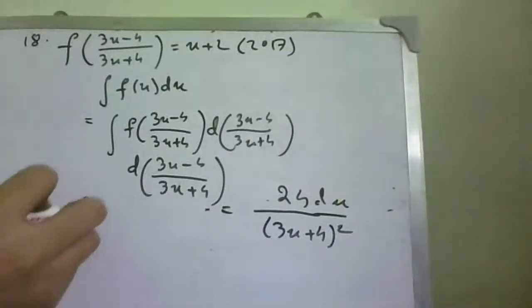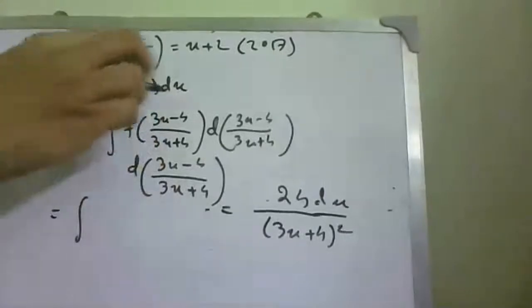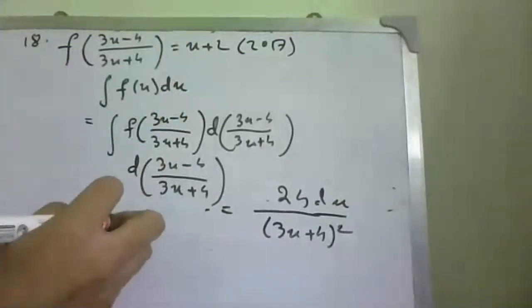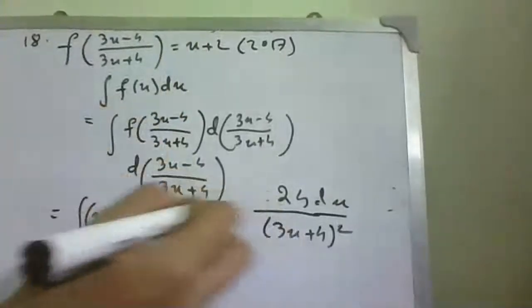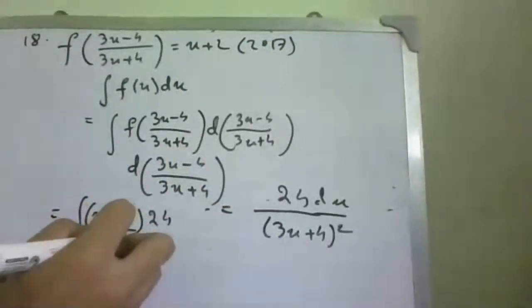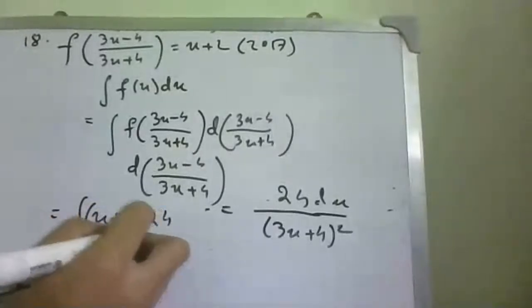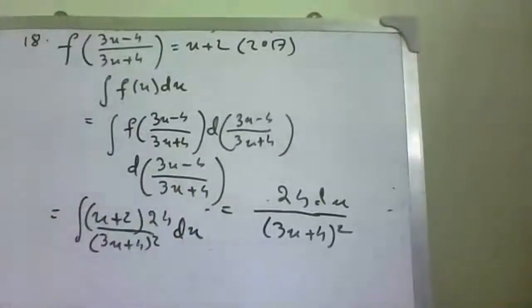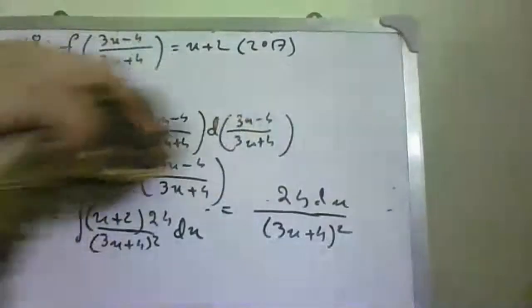From here we can see that f of the thing is basically x plus 2. Now basically it's very simple. We can solve it by partial fractions, or we can just do anything with this. This is very simple. Let's write it down.